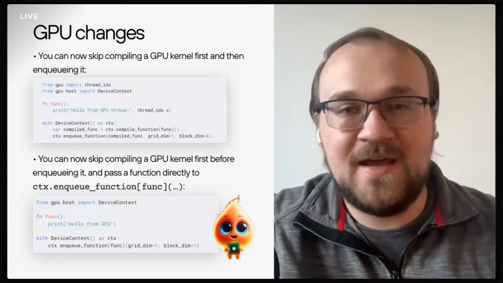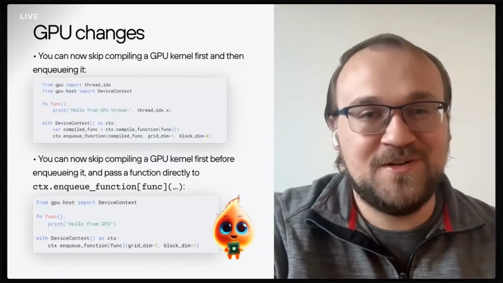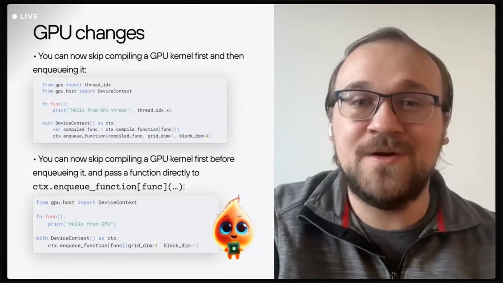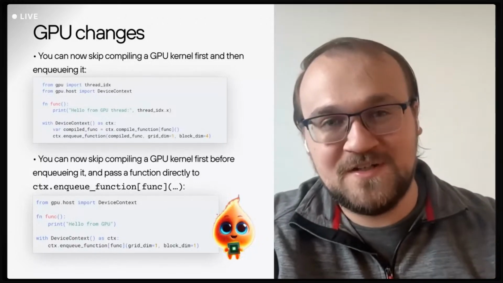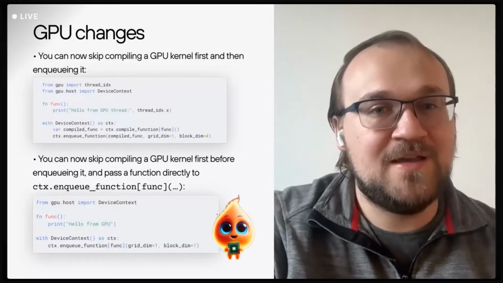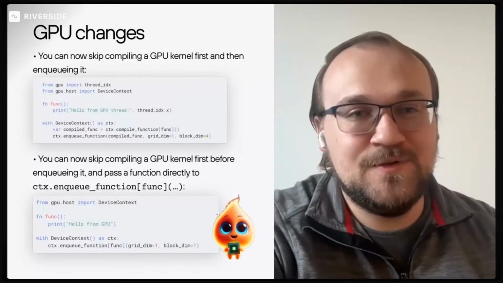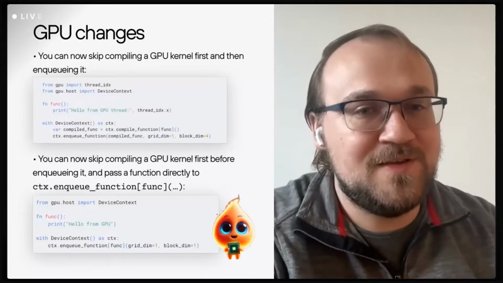This allows us to cut down further on some of the boilerplate. Mojo is already really good about minimizing boilerplate when it comes to working with such a powerful feature like GPU programming. We're just continuing that process of refining these APIs, making them easier to use and minimizing boilerplate to the extent possible.